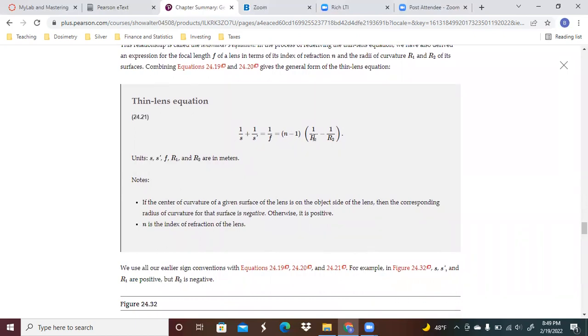So you can see here all of these particular units being put together and how you can determine each of these variables depending on what information that you do have.